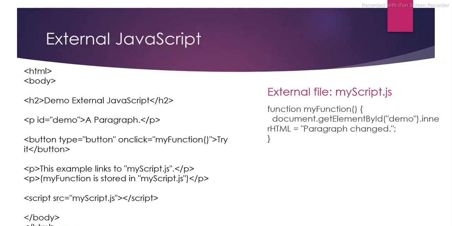Then there is something called external JavaScript. This is the very professional way of writing JavaScript, the procedure they follow in companies. Here I have, as usual, an h2 tag, a paragraph tag, and a button tag.